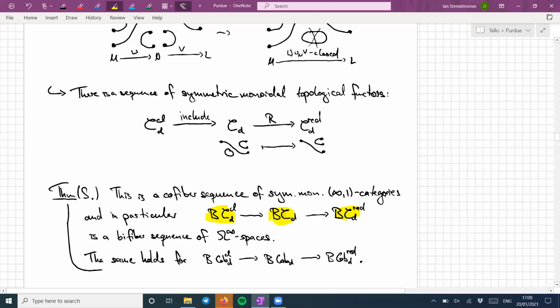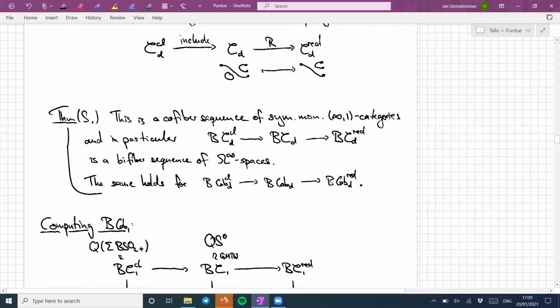That this doesn't decompose as a product, but as a twisted product, i.e. as a total space of a fibration. All right, and the same holds for the homotopy categories here. Again, this is not a formal consequence, because these things have nothing to do with each other in general. It holds by the same reasoning, the same arguments apply.